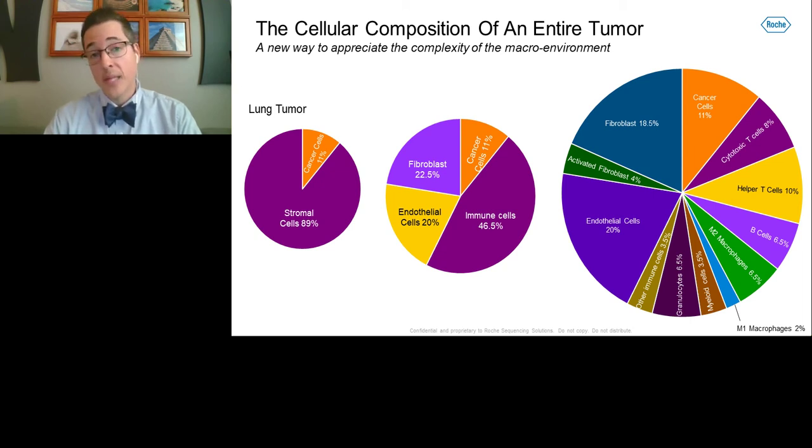We can look at fibroblasts, the percentage of cancer cells, and endothelial cells. And we can take the ecology of the solid tumor and describe it in its entirety across many, many different patients, and then compare these patients to each other, as you can see in this slide.